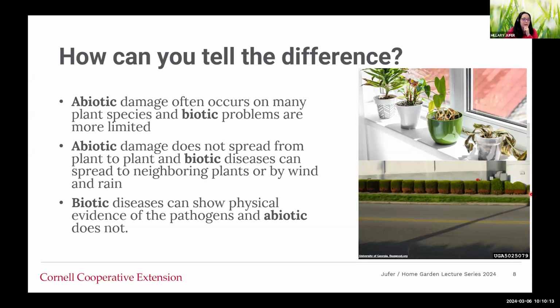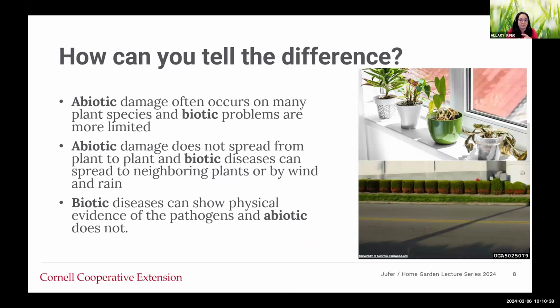So I'm looking at my boxwoods along the line here, and I'm like, oh my God, there's something going through the bottom section of my boxwood. So automatically I'm looking to see what it is. And this goes to the bottom point, the biotic diseases can show physical evidence of pathogens. So am I seeing fungal spores? Am I seeing bacterial ooze?